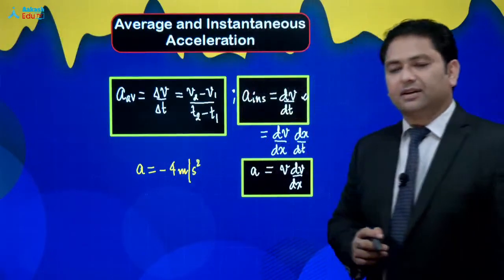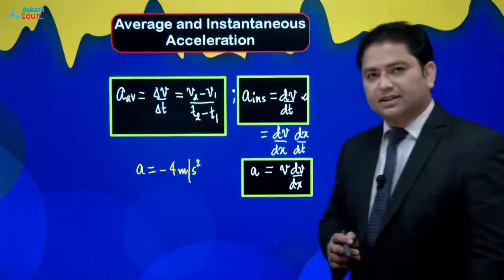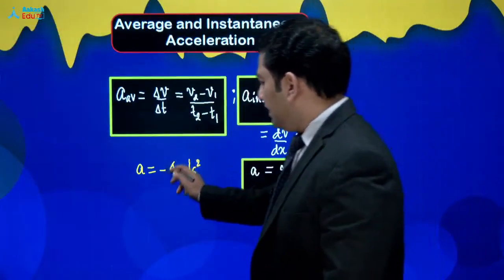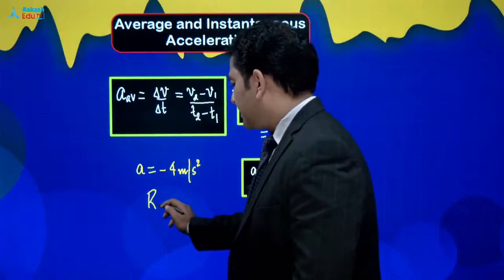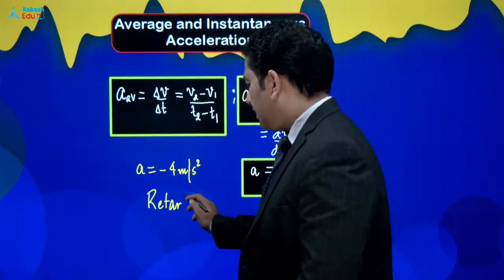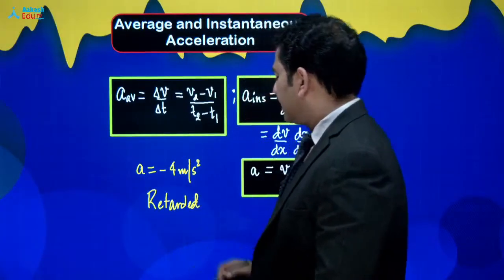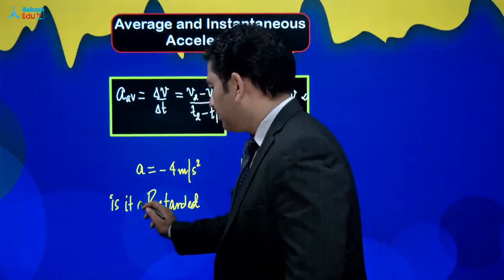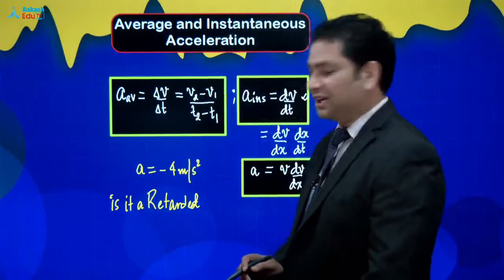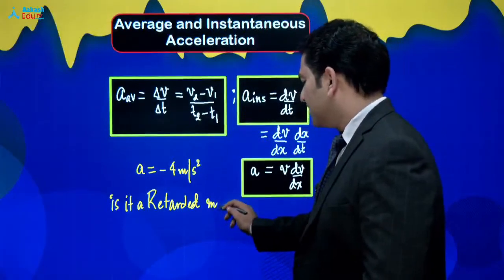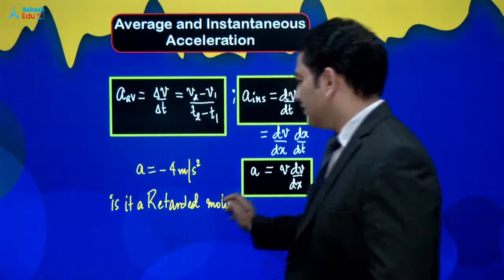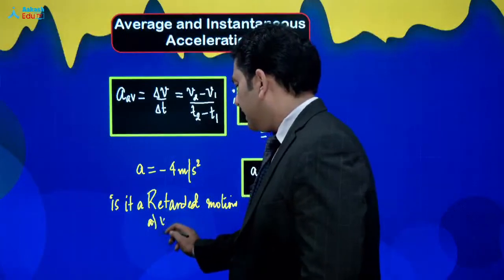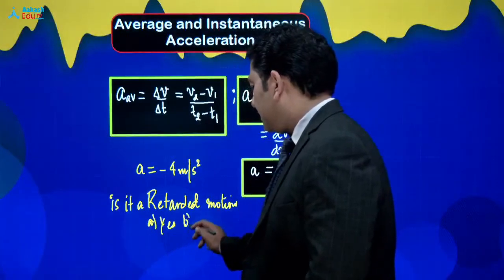That has been given. Now my question is, is this a retarded motion? Is it a retarded motion, not a person? Okay, retarded motion. मैं आपको option दे देता हूँ. All right. Number A, yes. Number B, maybe.